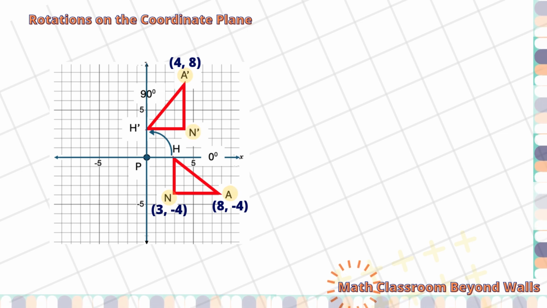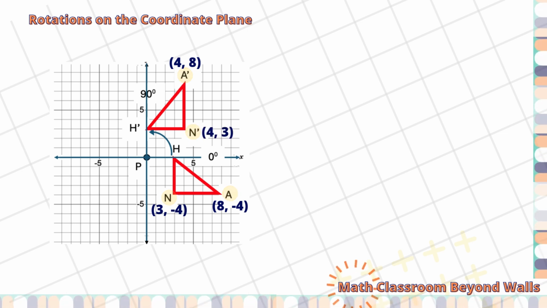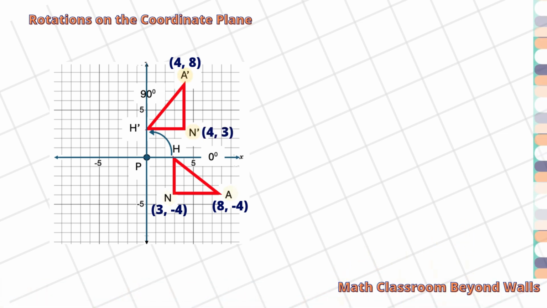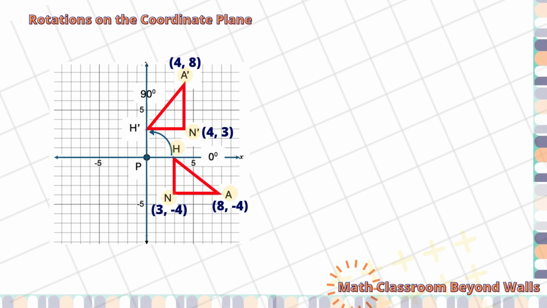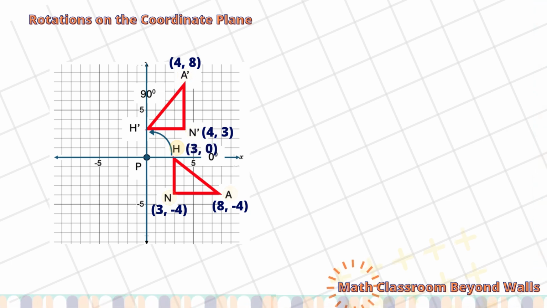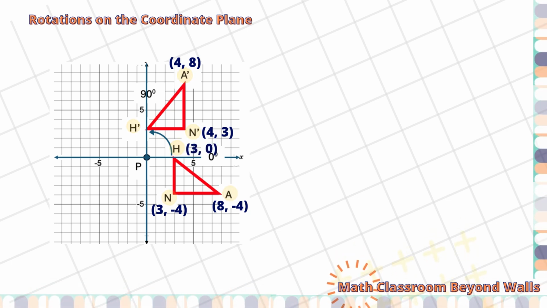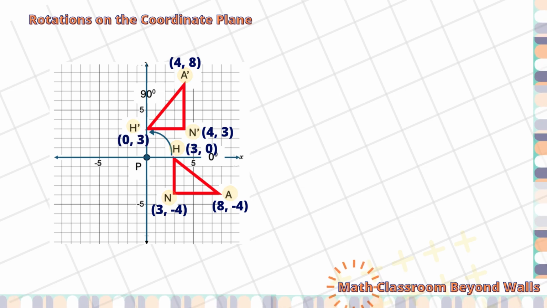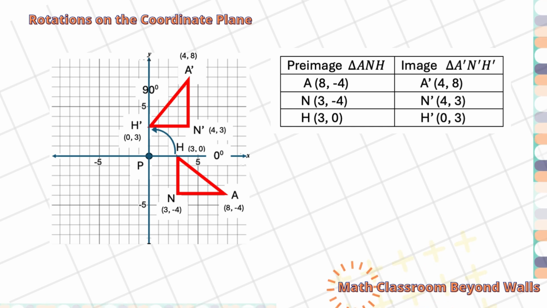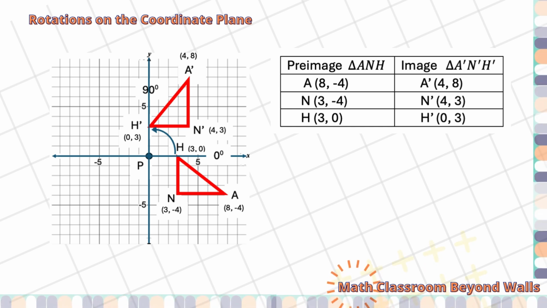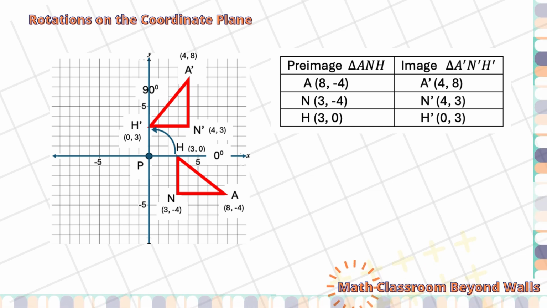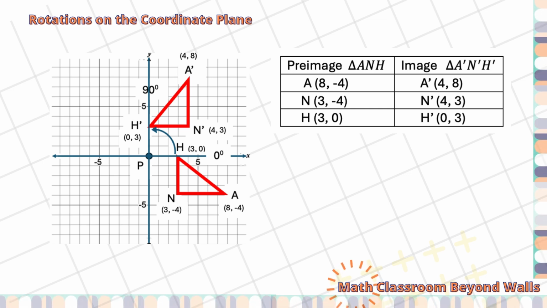And on N prime, the coordinates are (4, 3). On H, the coordinates are (3, 0). And on H prime, the coordinates are (0, 3). On the table are the coordinates of the vertices. Let us examine the changes that took place here.